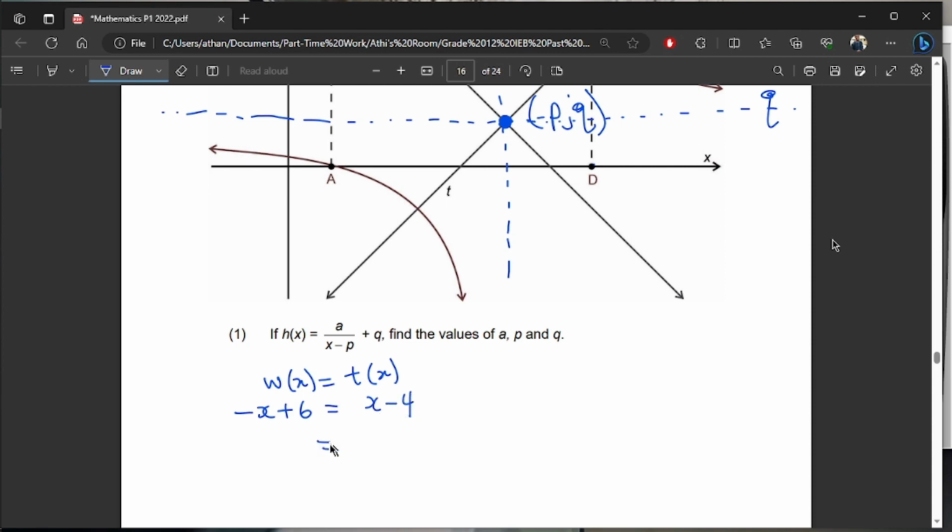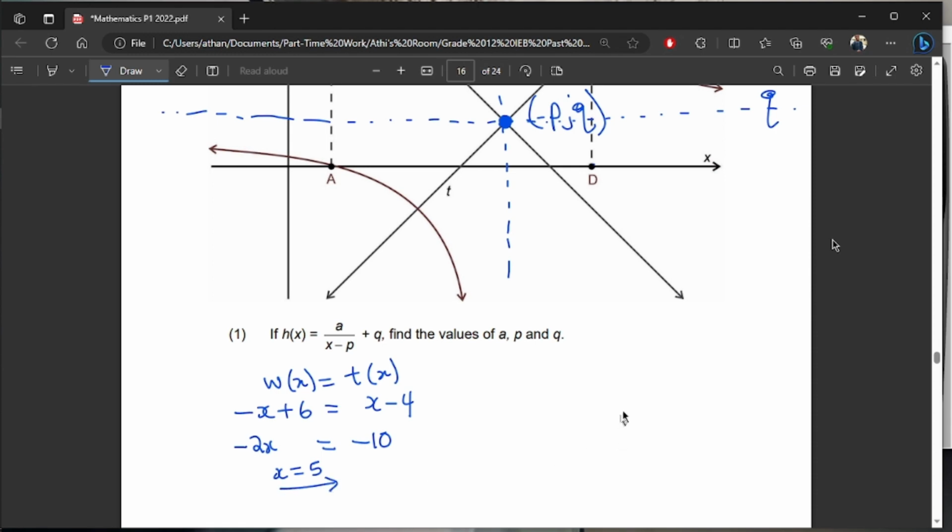Let's get the value of x. Transpose the x to the other side, it becomes negative 2. Transpose the 6 to the other side, that turns into negative 10. When you divide both sides by negative 2, you get x as positive 5.